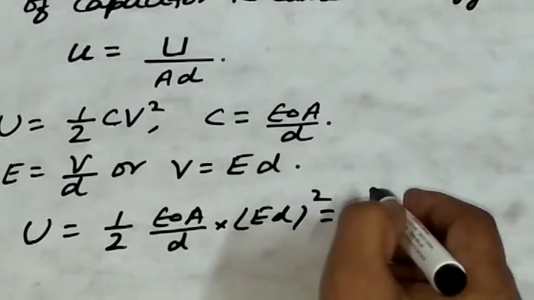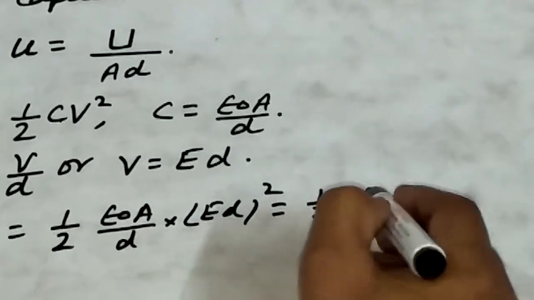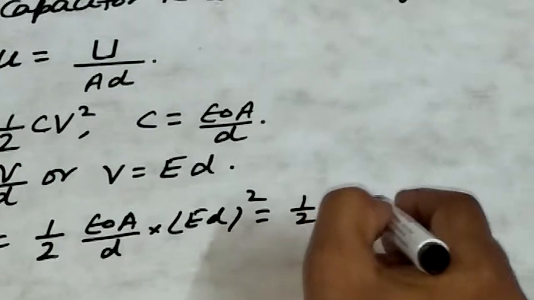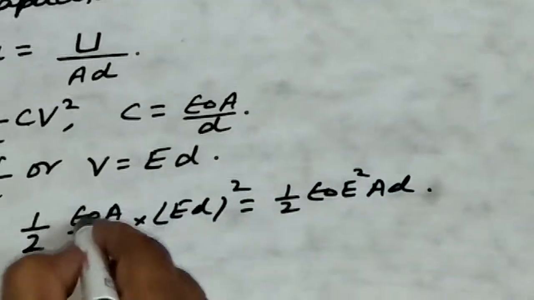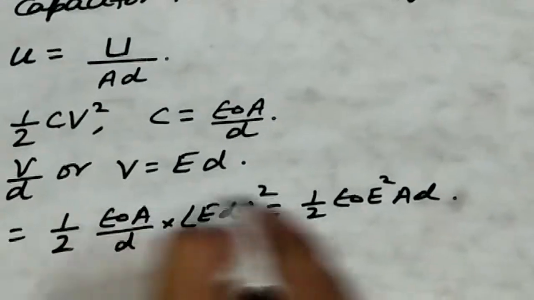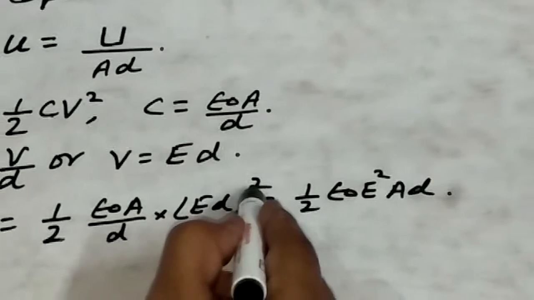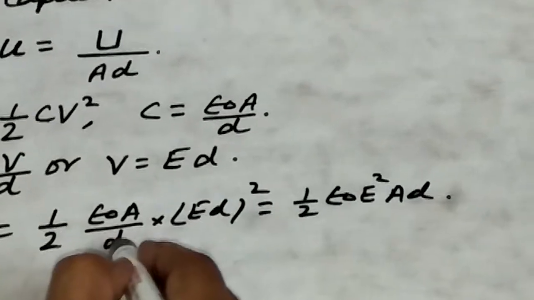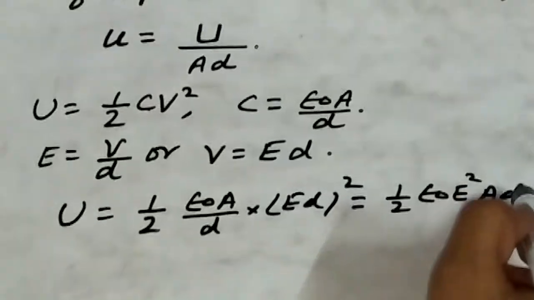After that we get half epsilon naught E square A into d. Here we have half epsilon naught, and E square d square, so one d is cancelled by d, and you get E square into A and d.